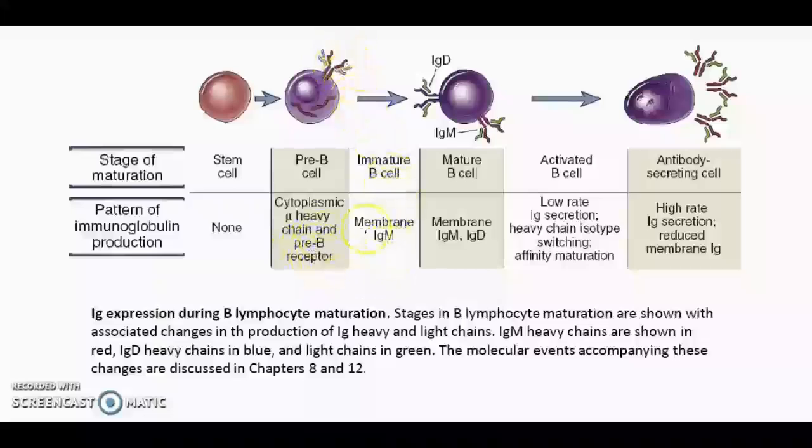Immature B cell, immunoglobulin M. Mature B cell have membrane IgM and IgD. Activated B cell, low rate immunoglobulin secretion, but have heavy chain isotype switching and affinity maturation. Antibody secreting cells have high rate of immunoglobulin secretion and reduction of membrane immunoglobulin.